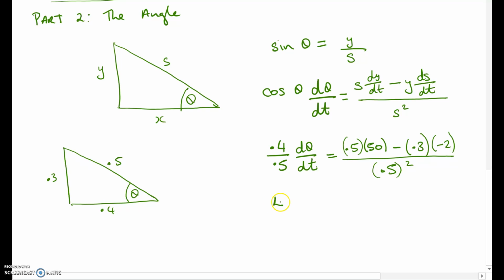If you work that out, 4 over 5, and I'm running out of time here, so I'm going to skip a lot of the arithmetic and just give you the answer.